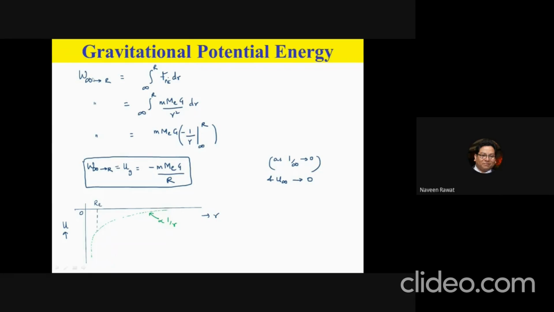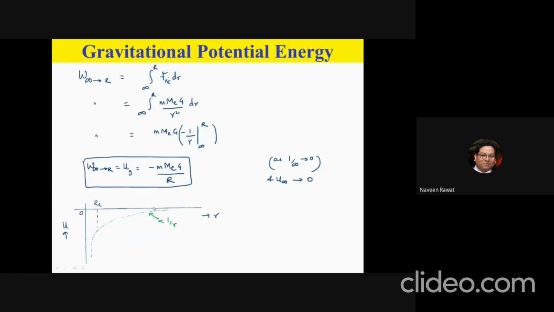So this term, which is the work done, is your gravitational potential energy, and it is given by minus m times the mass of the earth times G divided by r, and this small m is the mass of the object. So this is the 1 over r relationship. This green curve is showing how the 1 over r relationship looks as you increase the value of r.